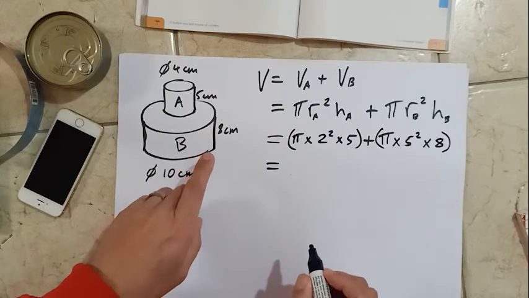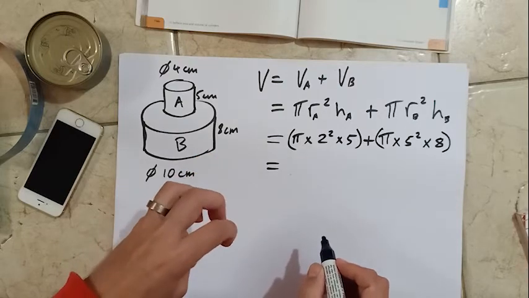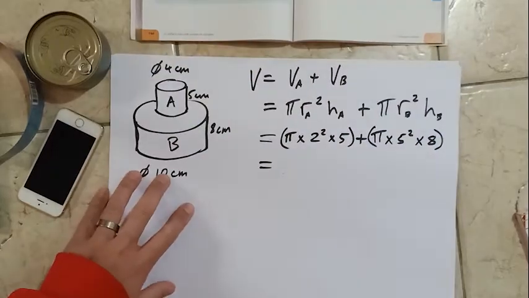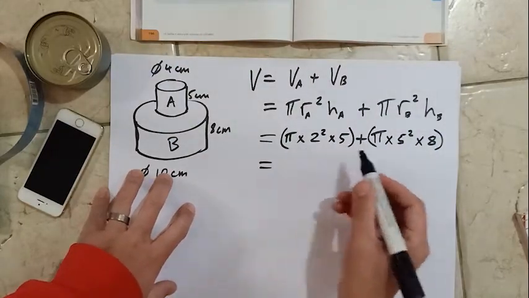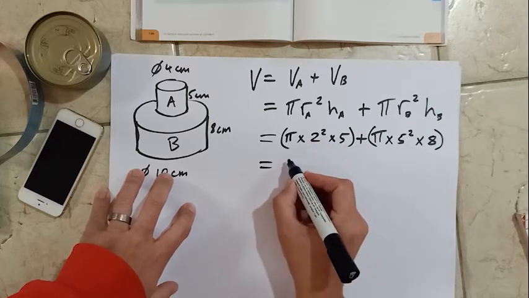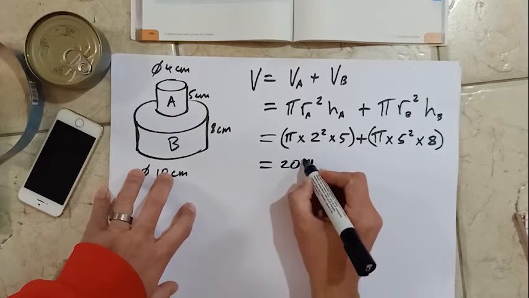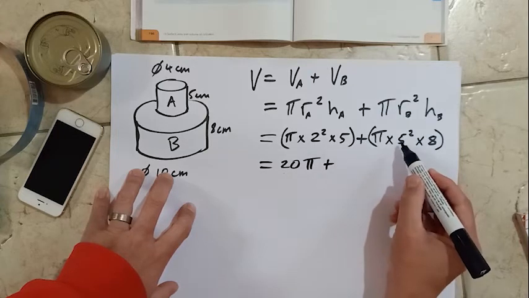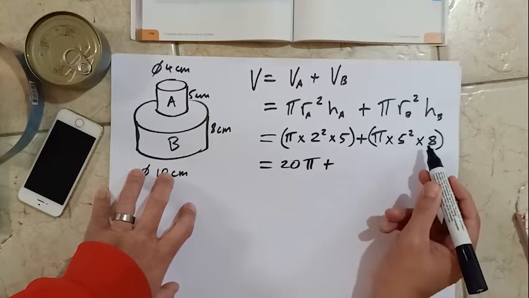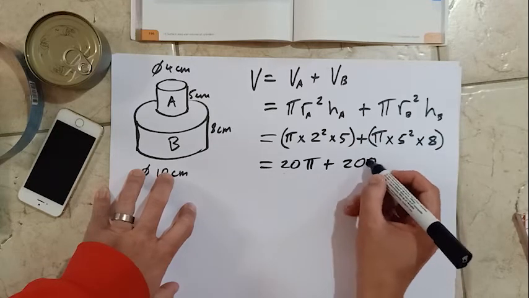Equals, does it tell us to keep it in pi? Okay, it does eventually put it into real numbers, but to start with, let's keep it in terms of pi. 2 squared is 4, 4 times 5 is 20, so that's 20 pi, plus 5 squared is 25, 25 times 8 is 200, 200 pi.